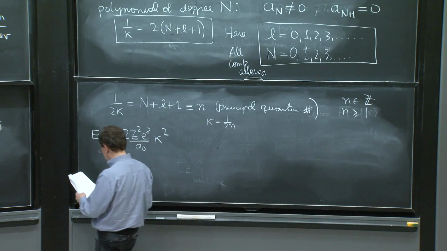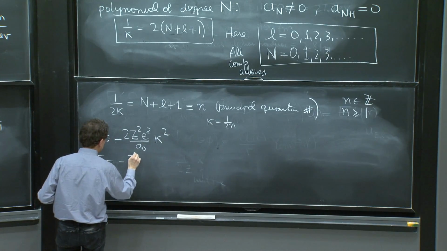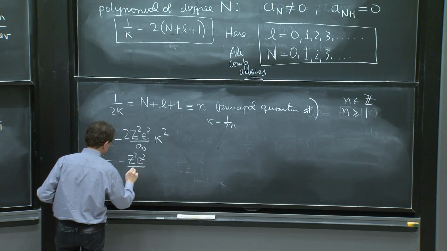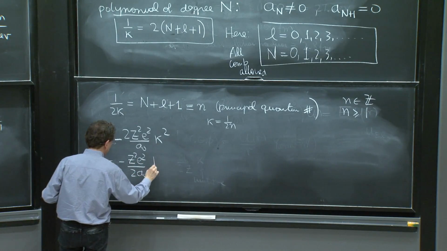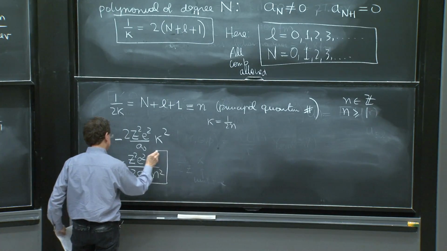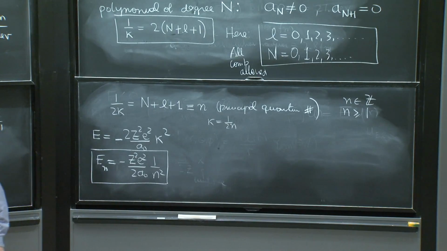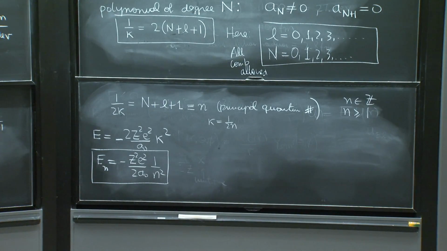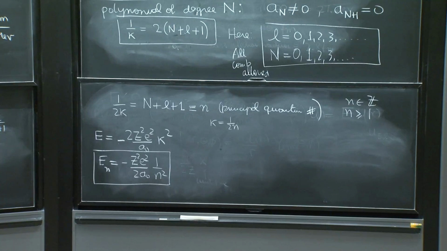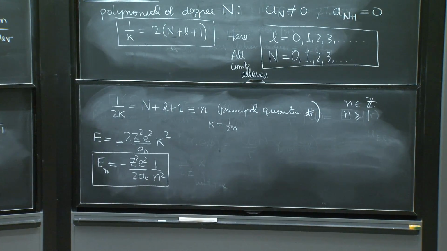So when we substitute here, we get E is equal to minus z squared e squared over 2a0, times 1 over n squared. It's probably the most famous formula that you certainly have studied in high school: the 1 over n squared of the energy levels of the hydrogen atom.